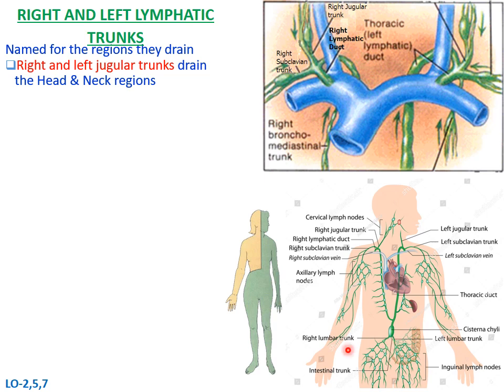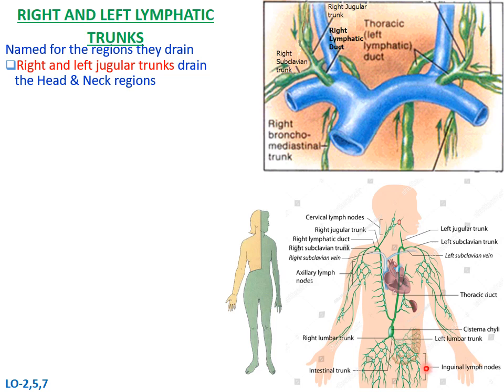They are merging to form a right lumbar trunk, a left lumbar trunk, and an intestinal trunk. All these trunks are actually draining from one region. Lower down, they join with the cisterna chyli, and the cisterna chyli ascends up, posterior to the heart, and ultimately forms the thoracic duct.